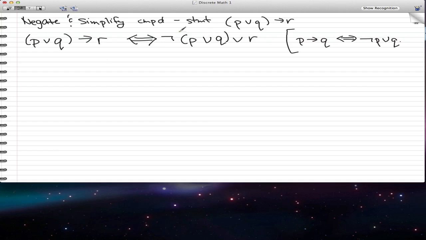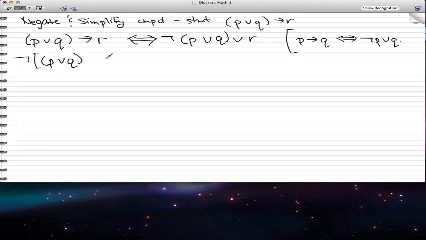Now we have to negate. We simplified the statement, so really it's simplify and negate, but you can switch them around. So we simplified the statement. Now we want to negate the statement. When we're working with these statements, we have to work with both sides at once. So when we negate, we're actually negating the statements on the left and on the right.